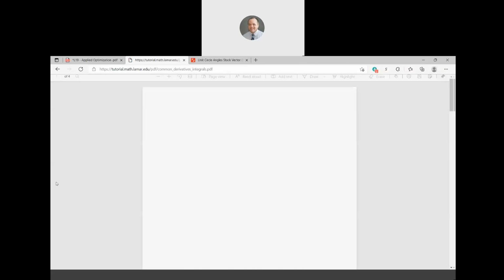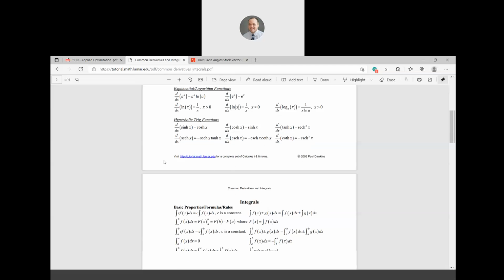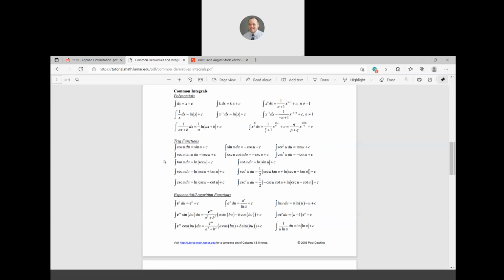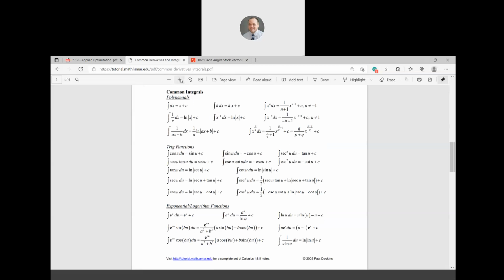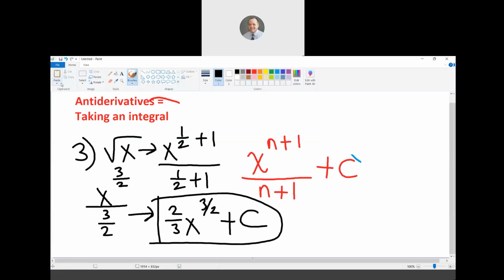Common derivatives and integrals. This may be what we're looking for. Okay, this will work. I'm just going to, for now, because for now, all you need to know are the first 6. So let me copy and paste them and go over each one.